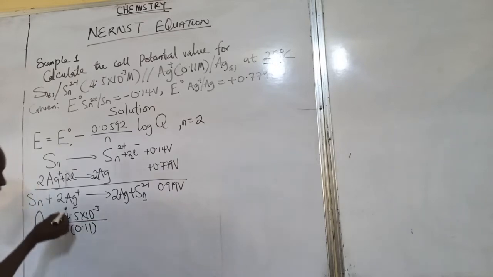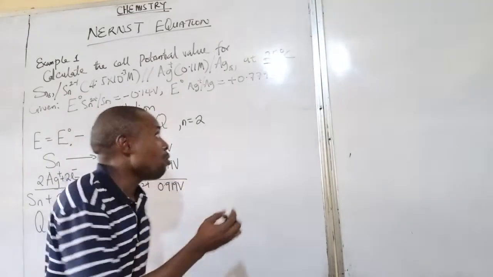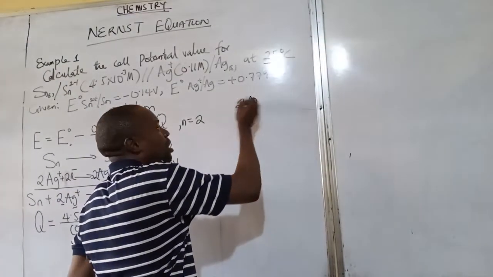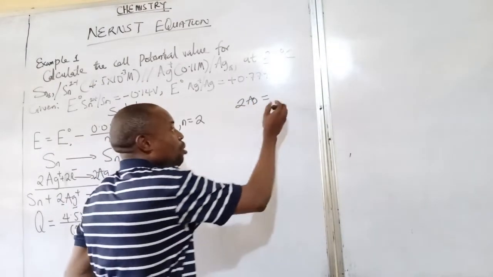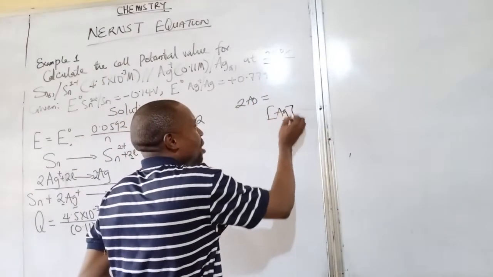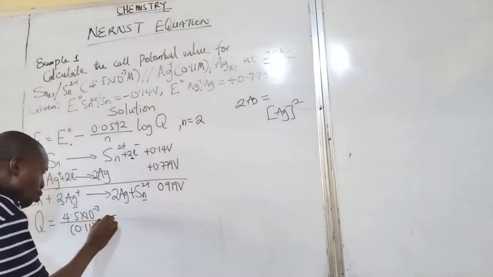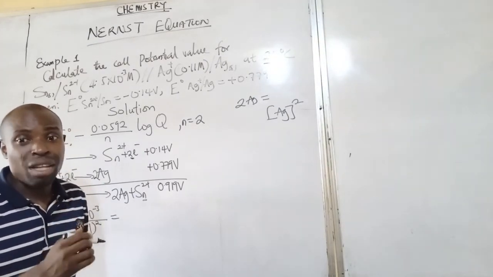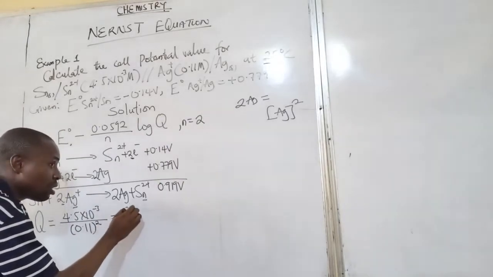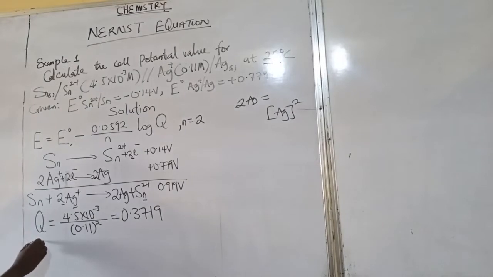But remember, if you have heard of chemical equilibrium, when I'm having 2 silver like this, it becomes the power, the silver squared. So here now becomes 2. And when you do the division, you should have your answer to be 0.3719.